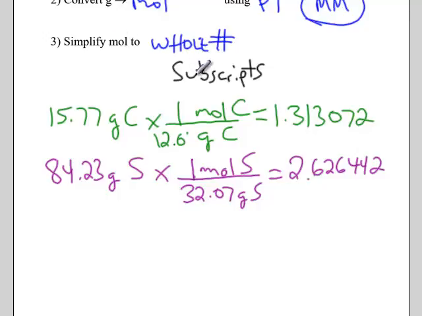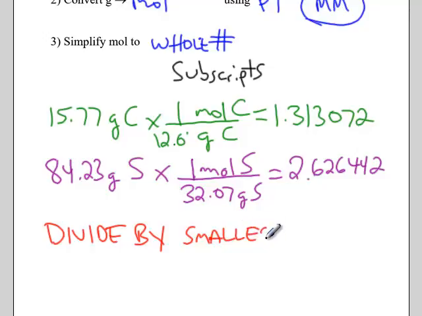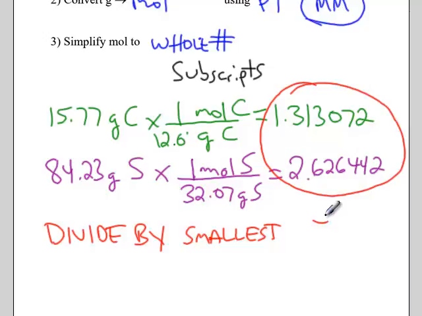Step number 3 is simplify those moles to whole numbers. And the way that I'm going to simplify those two is divide by the smallest number. So I'm taking both of these numbers and I'm going to divide them by 1.313072.